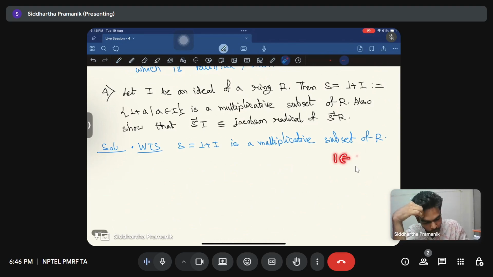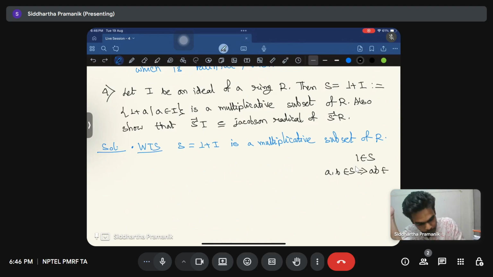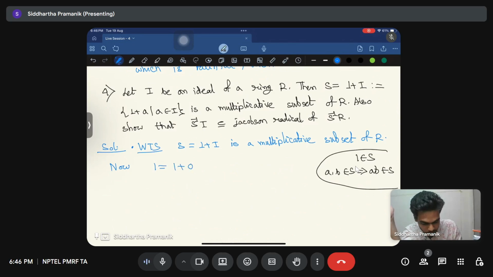First, that 1 belongs to S, and second, that if a and b are in S, then their product is also in S. Let's check one by one. Both are trivial facts. Now 1 can be written as 1 plus 0, and 0 is in I. So this belongs to 1 plus I, which is S. So 1 belongs to S.